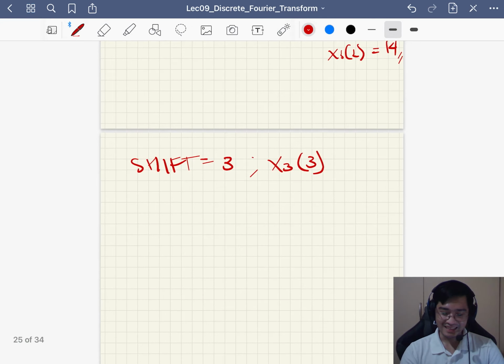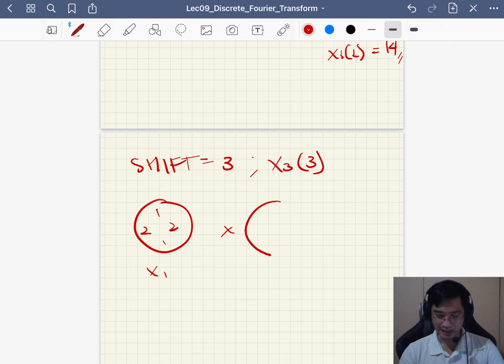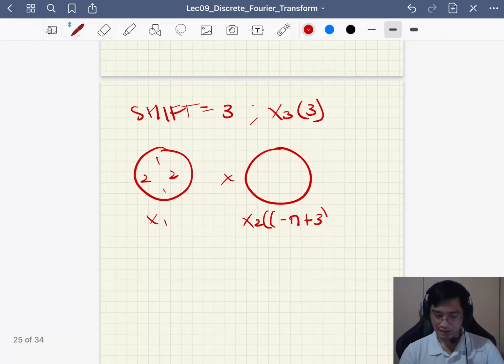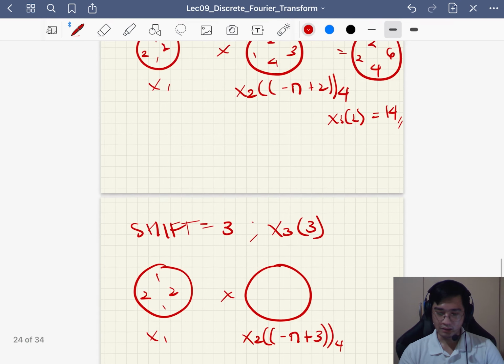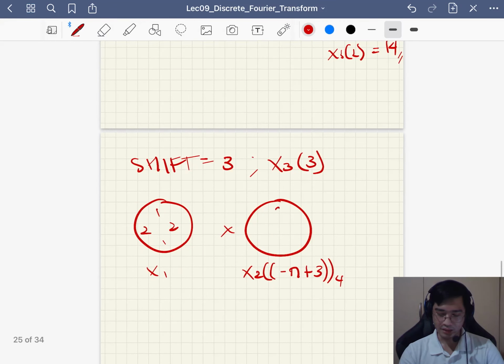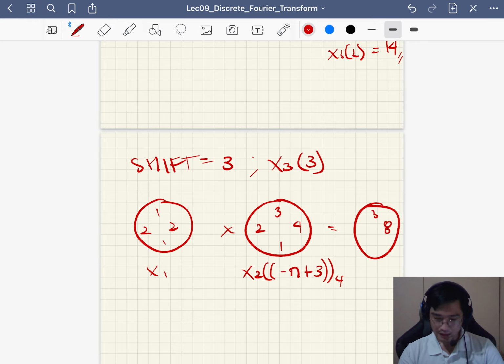The idea is x1 multiplied by x2 of minus n plus 3 modulo 4, which is 3, 2, 1, 4. This equals 8, 3, 4, 1.